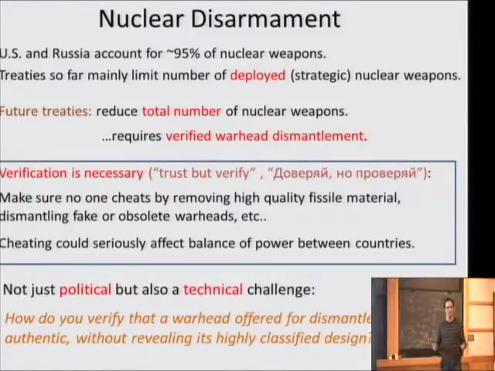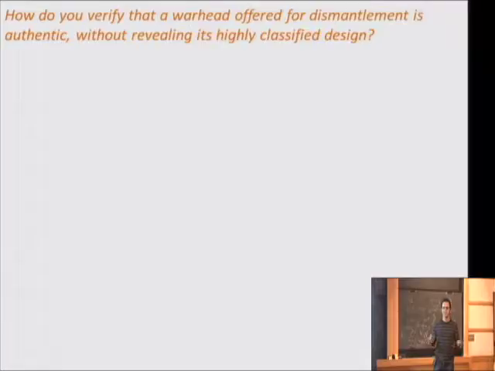You don't want to let the other country open it up and examine every part of it. You don't want them to know what technology you have, what design you're using, its limitations, its strengths. They could copy from it. So this is basically the technical part that we're interested in this talk.